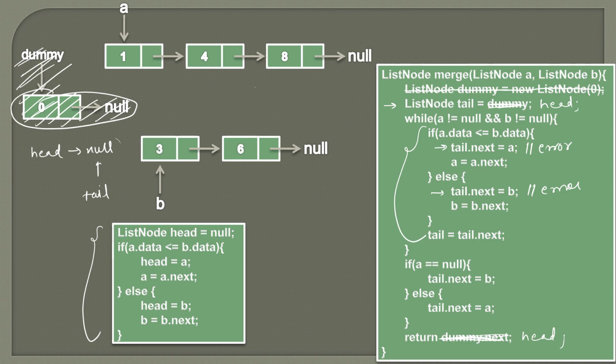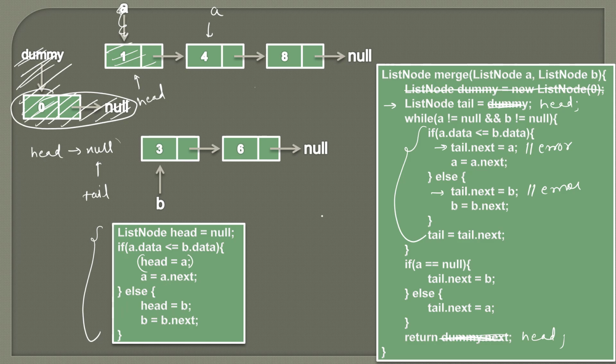And if a dot data is less than b dot data, currently 1 is less than 3, we simply treat this node as our starting node and directly assign head to it via this assignment. And as we have used this node, we simply traverse a to the next node by assigning a dot next to a.